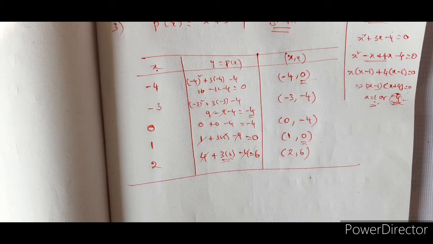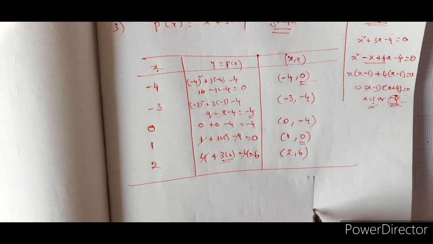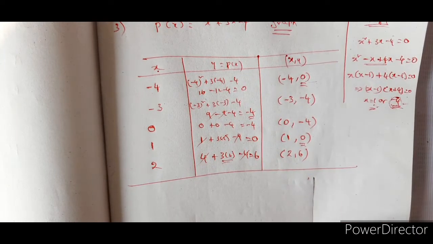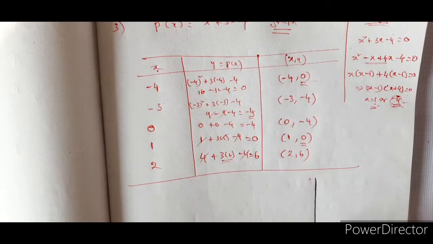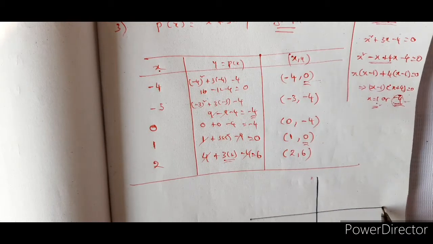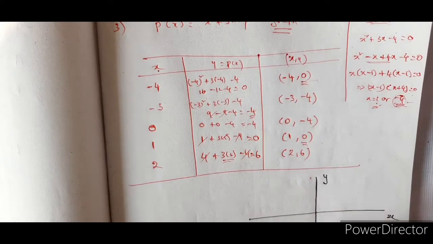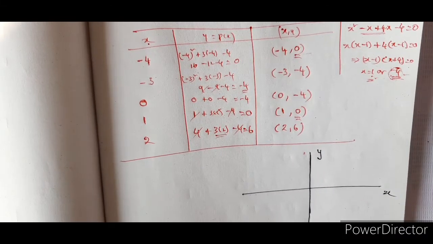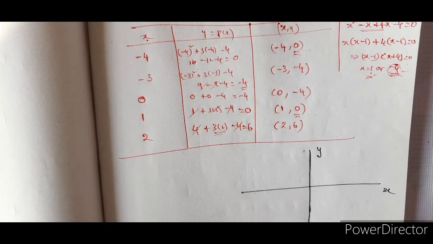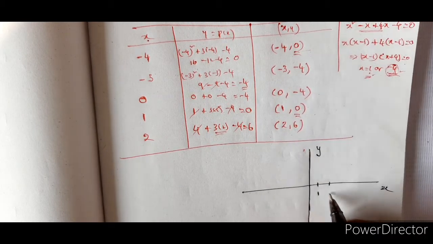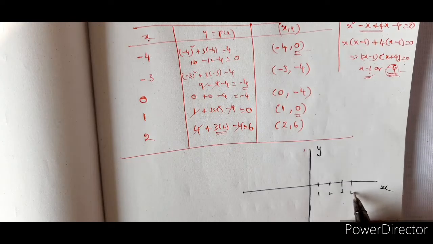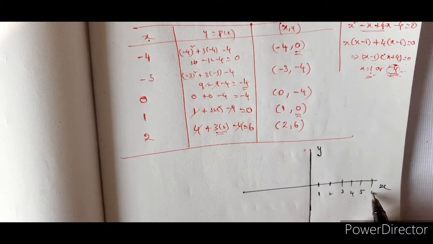Okay, so let me plot the graph. So while plotting the graph, you have to take care that you have minus and plus values on both sides, that is along the x-axis and along the y-axis. So let me divide this as 1, 2, 3, 4, 5, 6.